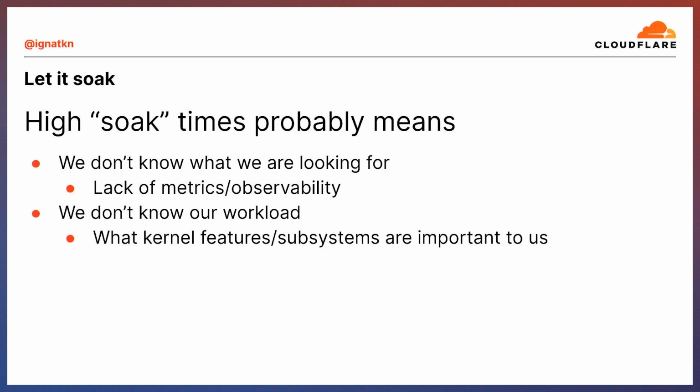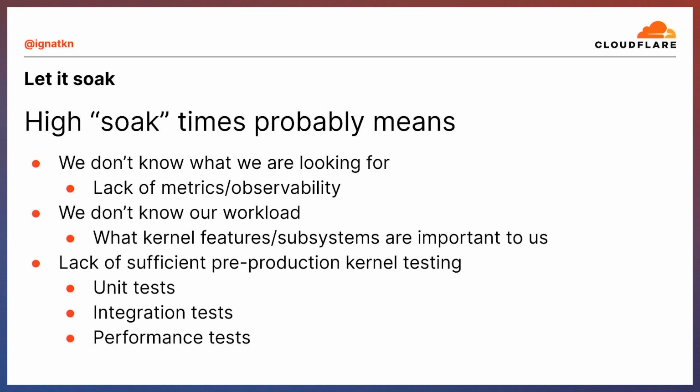We don't know what user space applications are doing on our kernel, which subsystems they're using. If we knew that, we could stress those subsystems and ensure these specific subsystems or kernel features are stable for production use. And probably it's also a lack of sufficient pre-production kernel testing. So we need more coverage, we need unit tests, integration tests, and performance tests, and whatnot.